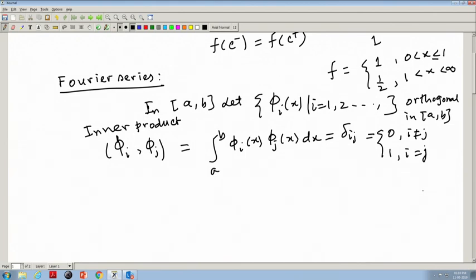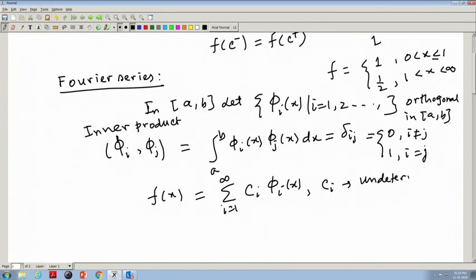Then f(x) can be expressed as a linear combination, the sum from i equal to 1 to infinity of C_i phi_i(x). The C_i are as yet undetermined coefficients, which can be determined through the orthogonal properties.